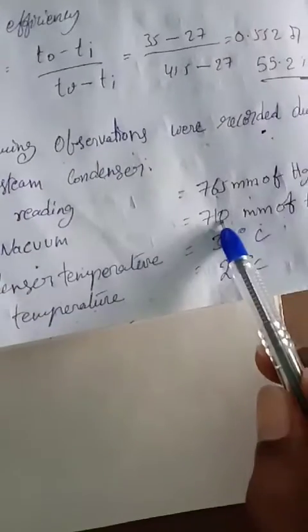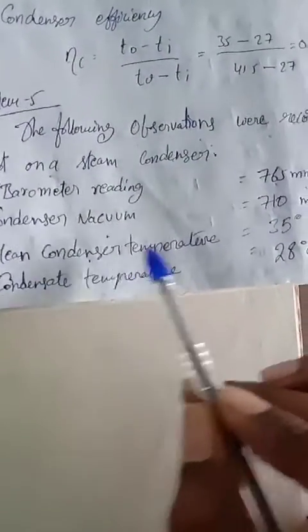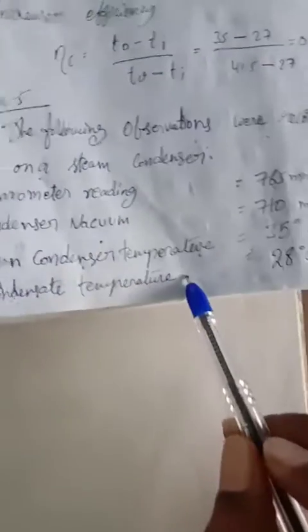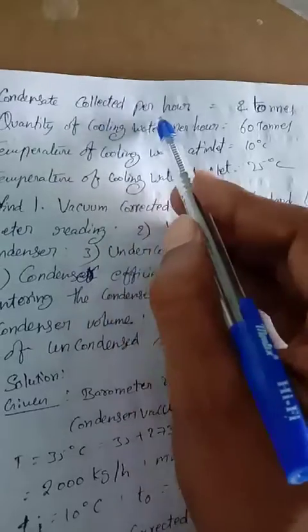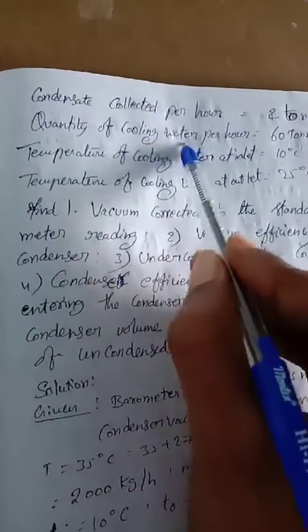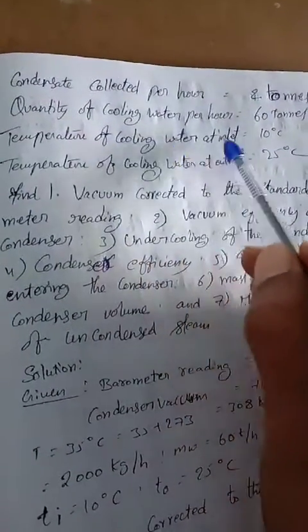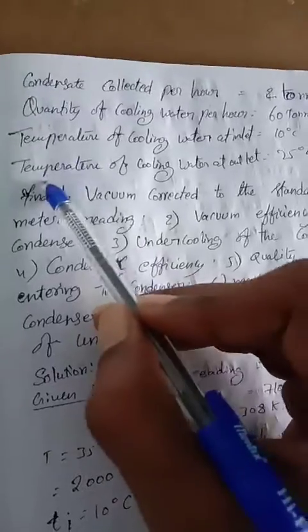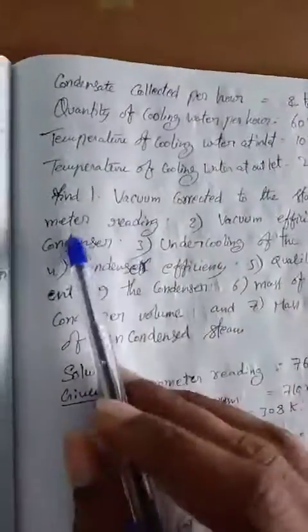Condenser vacuum 710 mm of Hg. Mean condenser temperature is equal to 35 degrees Celsius. Condensate temperature is equal to 28 degrees Celsius. Condensate collected per hour is equal to 2 tons. Quantity of cooling water per hour is equal to 60 tons. Temperature of cooling water at inlet is equal to 10 degrees. Temperature of cooling water at outlet is equal to 25 degrees Celsius.